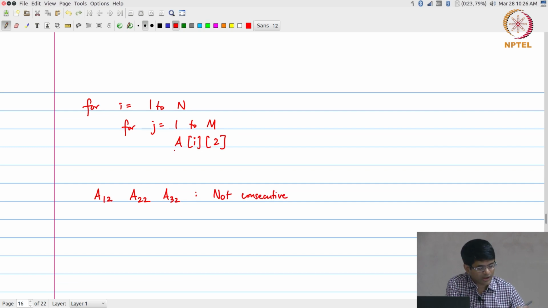So what happens if I switch the loop around and make it for j equals 1 to m, for i equals 1 to n? Well, actually this will still not solve the problem. I'll end up with a strided access.